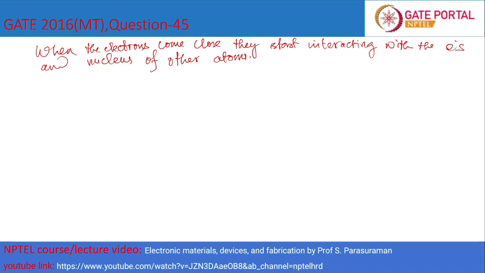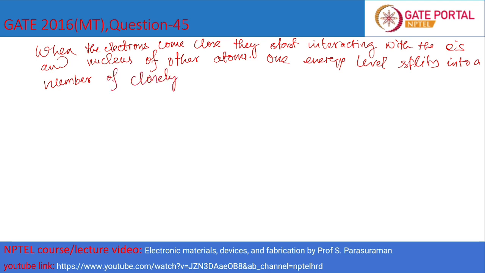So then what happens? One energy level splits into a number of closely spaced energy levels. So this is called bands.